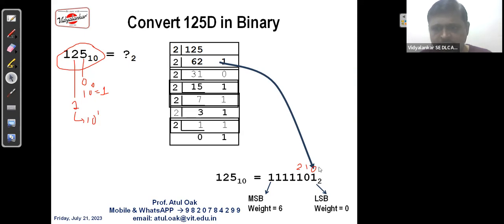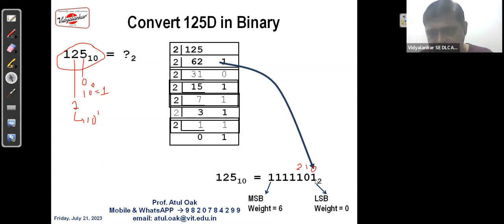This position is normally called weight. Weight means the position of that bit, or the position of that digit. Bit if you talk binary, digit if you talk decimal. Like here, digit 5 is at position 0, and digit 2 is at position 1. This is called weight.